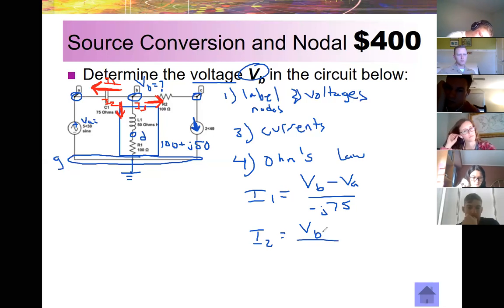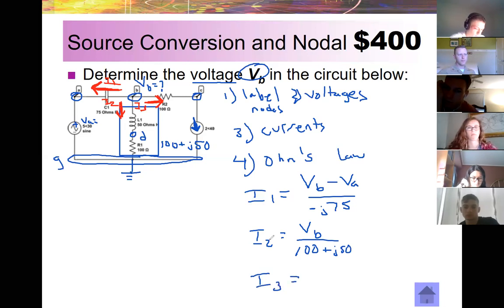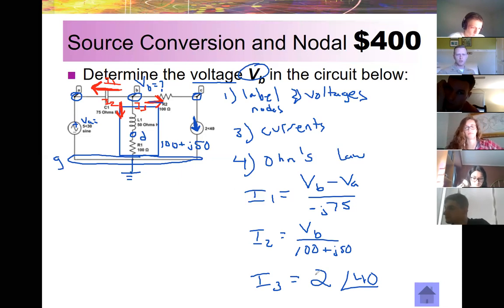Ground is 0, so it's VB minus 0 over both of these impedances, 100 plus J 50. I3 is going from B through C down to ground, but I know its current, so I don't need to worry about Ohm's law. I already know that it is 2 angle 40. Note that my direction of I3 matched the direction of the current source. If it was the opposite, then just put a negative on it.